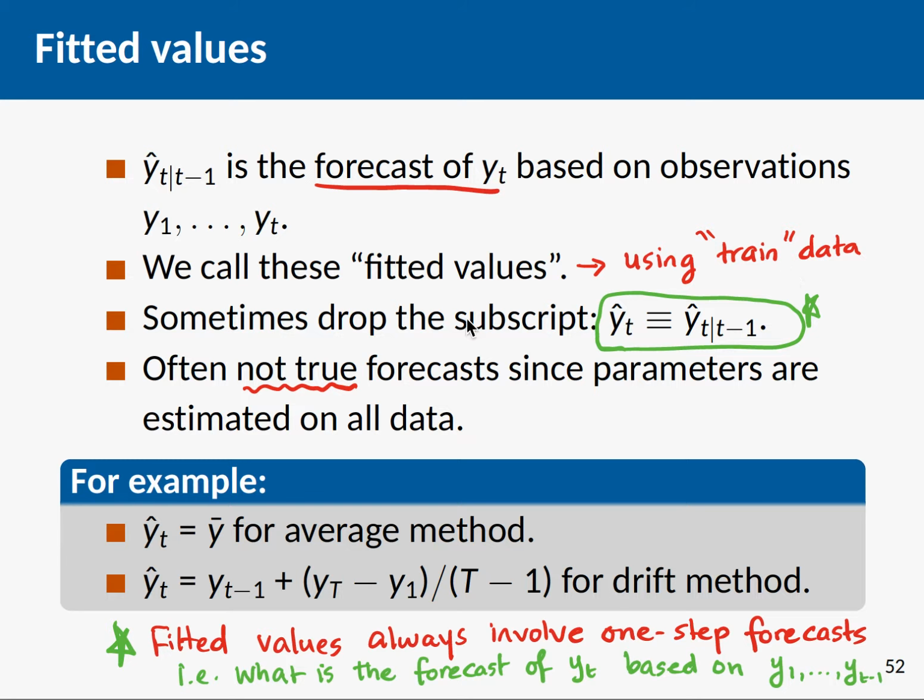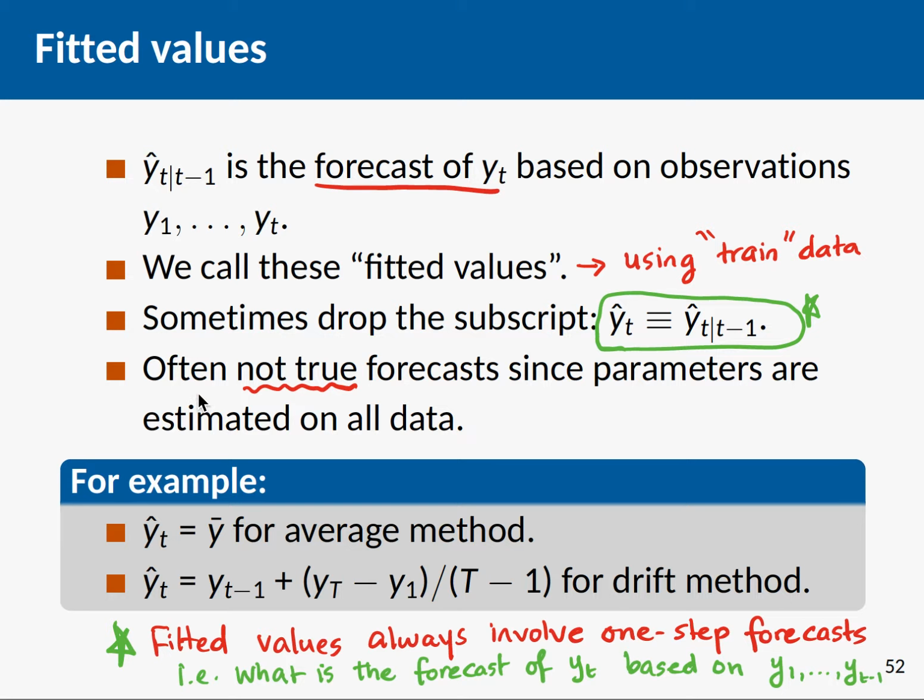Sometimes we try to drop the subscript when we talk about fitted values. Usually fitted values are written as y hat t, what is y hat at time t given all the available information at t minus 1. Whenever we say y hat t, we are referring to fitted values and not the forecast in any way.